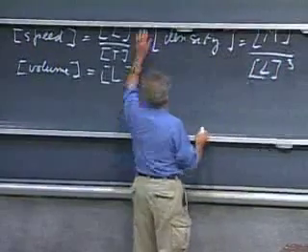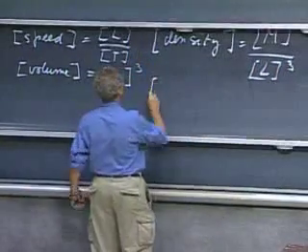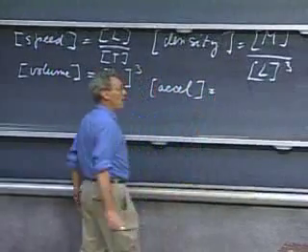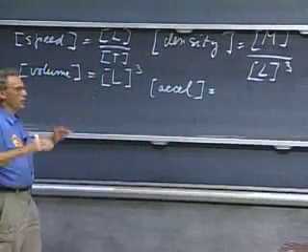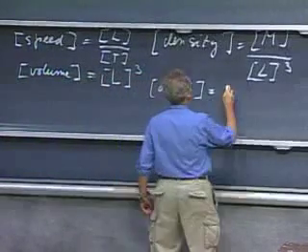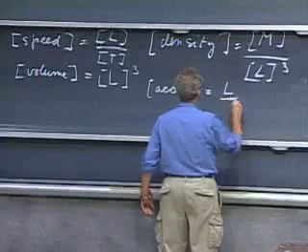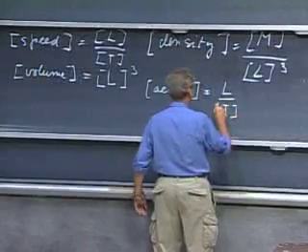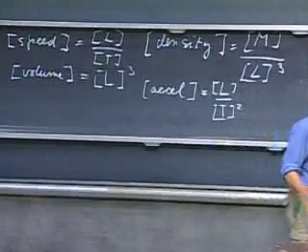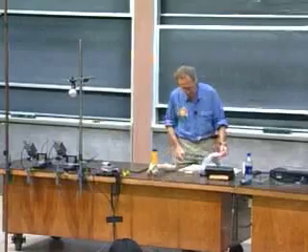All important in our course is acceleration. We will deal a lot with acceleration. Acceleration, as you will see, is length per time squared. The unit is meters per second squared. So you get length divided by time squared. So all other quantities can be derived from these three fundamental.